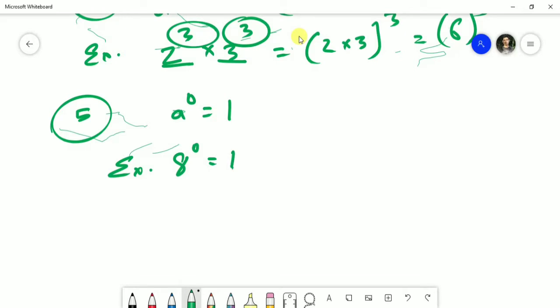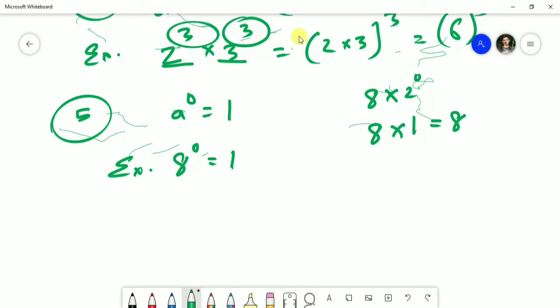But if I write 8 into 2 power 0, 2 power 0 is 1, any power 0 is 1, so our answer is 8.